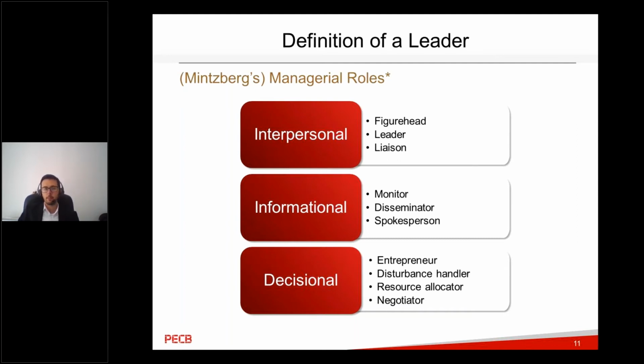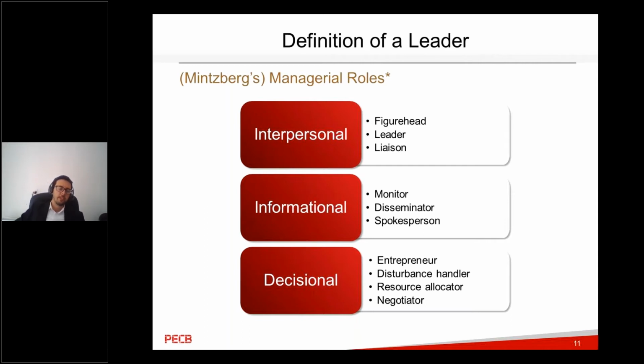And usually this type of jobs, say figurehead, leader, liaison, for example, spokesperson, entrepreneur, disturbance handler and negotiator. So more than half of the roles require managers that have some leadership traits in themselves.